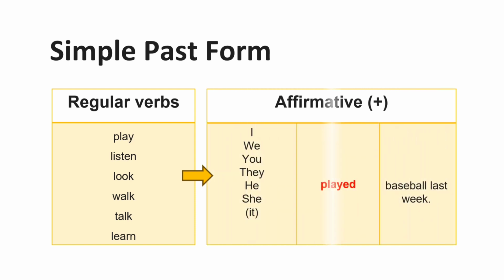For example, I played baseball last week. So the past form of play is played. Simple, we just add ed. Or listen, listened, look, looked, walk, walked, talk, talked, learn, learned. So whenever we add ed to a verb to make it past form, that's a regular verb.